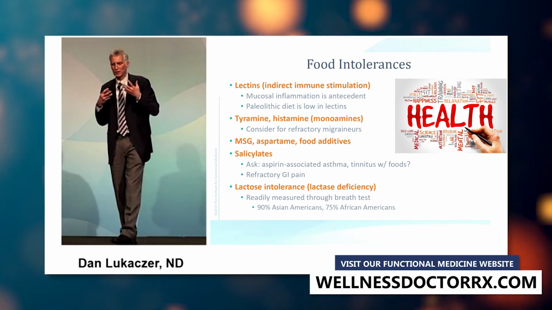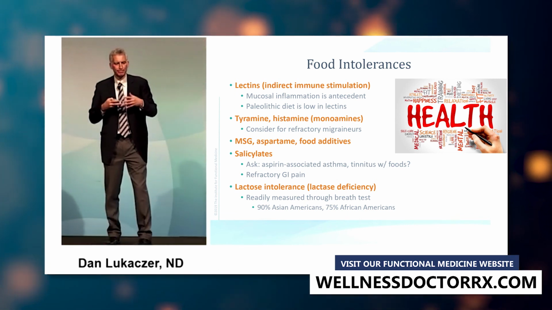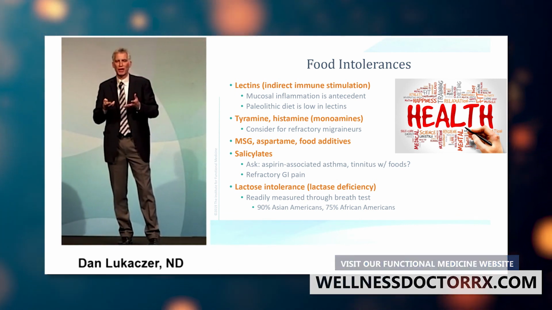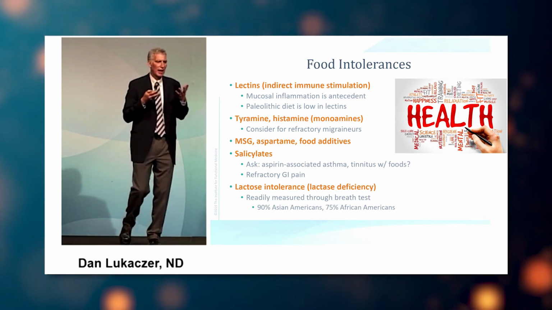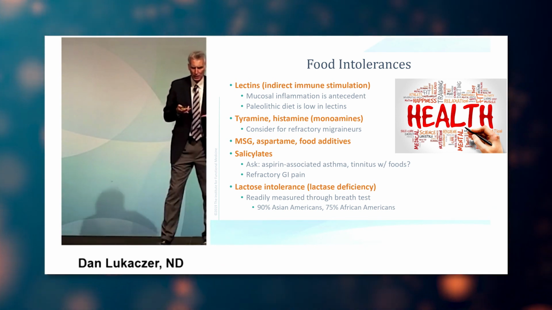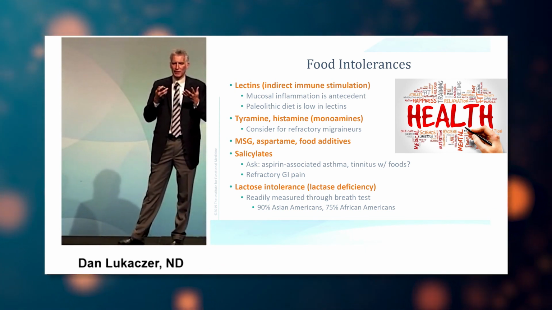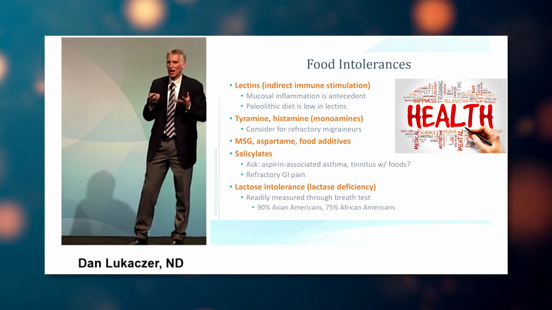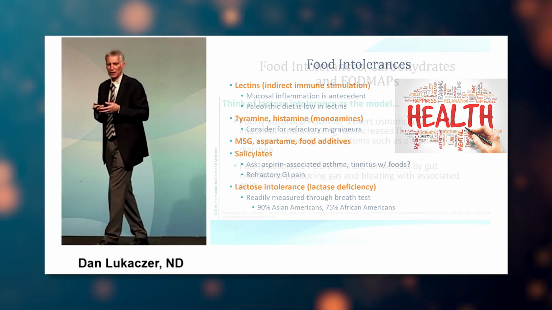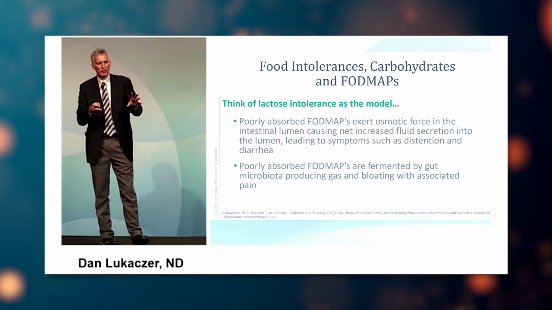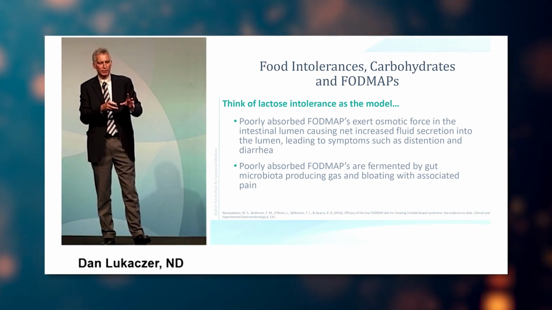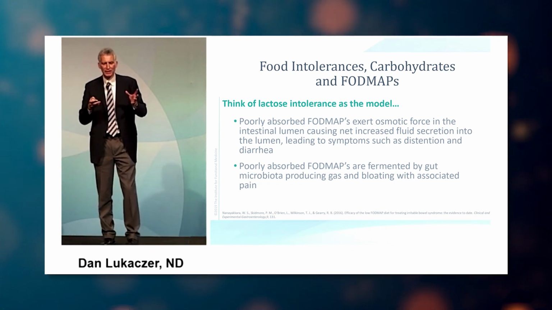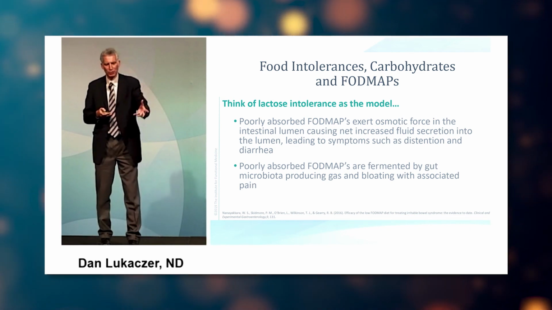Lactose intolerance is certainly, in certain populations, very high. It's probably the most common food intolerance, but if you think of lactose intolerance as the model for FODMAPs, it's an example really of FODMAPs, which I explain here.